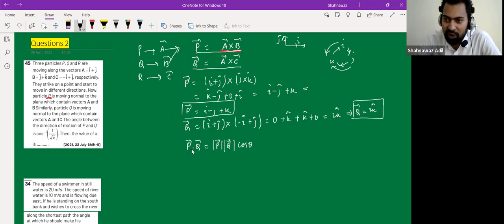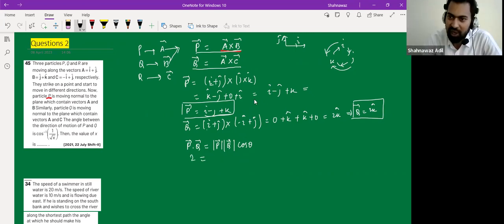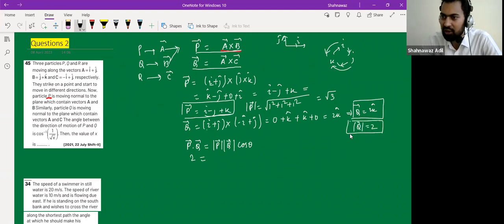So what will be P dot Q? Let's calculate from here. All the others will be 0 only. K dot K will survive, so this will be 2. And the magnitude of P will be root 3, and the magnitude of Q is already given, which is 2.